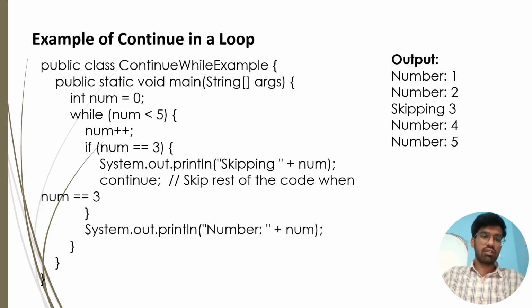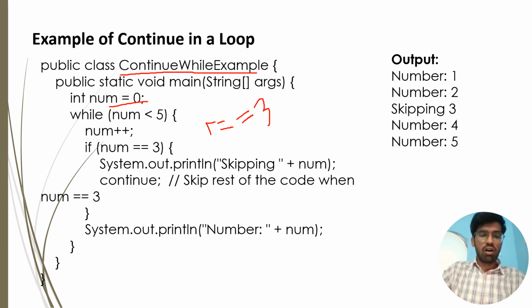Example: a class named ContinueWhileExample with public static void main, where num starts from 0 and runs while num is less than 5, incrementing each time. Is 0 equal to 3? No. Again 1, then 2, and in the case of 3, it skips 3.